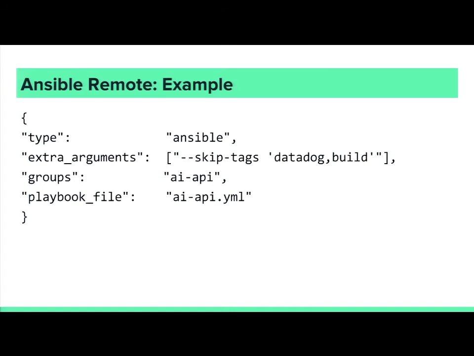So there are fewer directives here in a typical use case. Again, we're going to specify the playbook file, and tell it what groups get mapped to localhost. It still supports extra arguments. The type is Ansible instead of Ansible local. I think the documentation calls this Ansible remote. I kind of wish they had named it Ansible remote, but that's just a minor quibble.